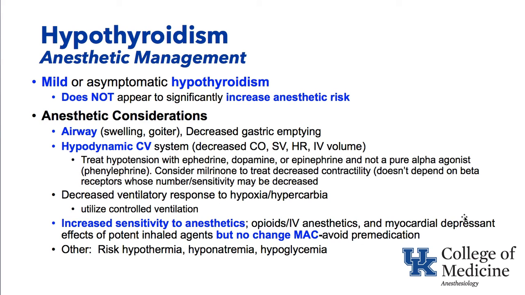And if we give, as mentioned before, propofol in high doses to someone with myocardial depression, or turn up our inhaled anesthetic to multiple MAC levels, we may have problems with hypotension, low cardiac output, for example. But remember that hypothyroidism without changes in body temperature doesn't change MAC. Other risks in the perioperative period are being cold and hyponatremic because of those free water management issues in the kidney, and hypoglycemia.